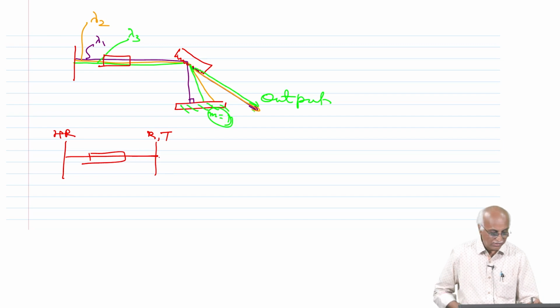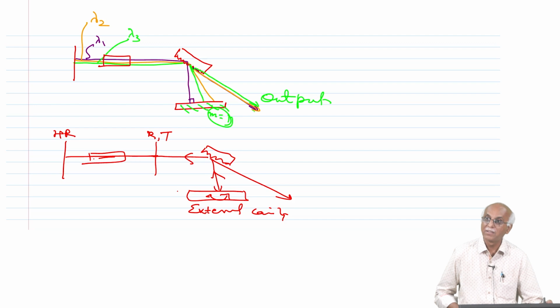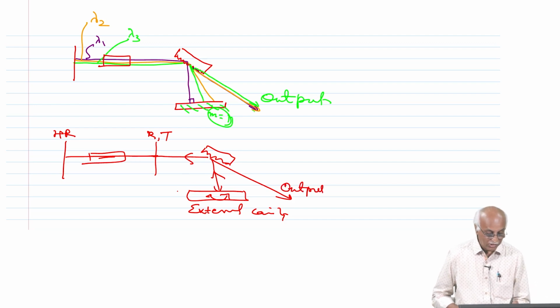So, the threshold is of course quite high, but then we provide the grating structure over here, and the diffracted output will be used, and an external cavity mirror, another mirror, will be used to provide the feedback to this cavity. And the laser output is obtained from the 0th order.